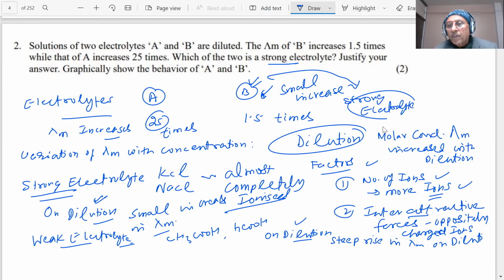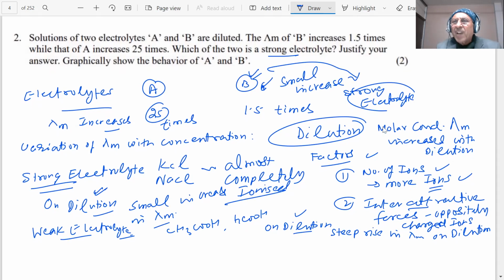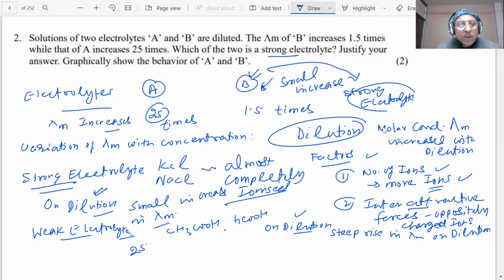On dilution, more and more ionization takes place, and at infinite dilution this will become almost completely ionized. Therefore there will be a steep rise on dilution, and in this case 25 times increase means this is a weak electrolyte. Therefore A is a weak electrolyte, student, and B is a strong electrolyte.